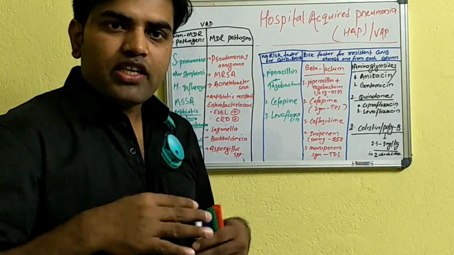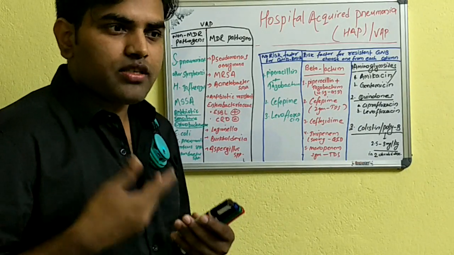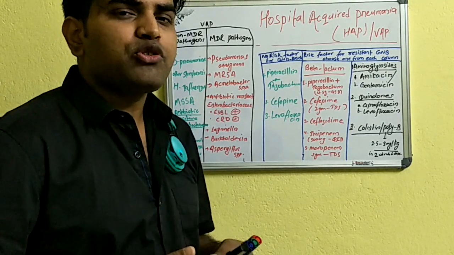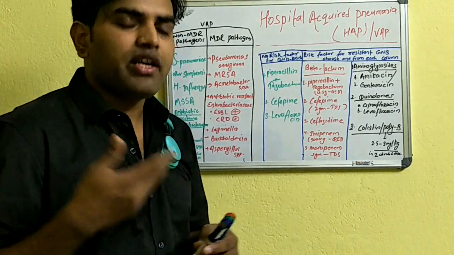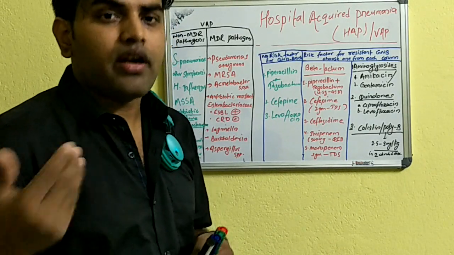If you are using a PPI, you are raising the gastric pH, which may come toward 7, the neutral point, and that will favor the growth of other organisms.